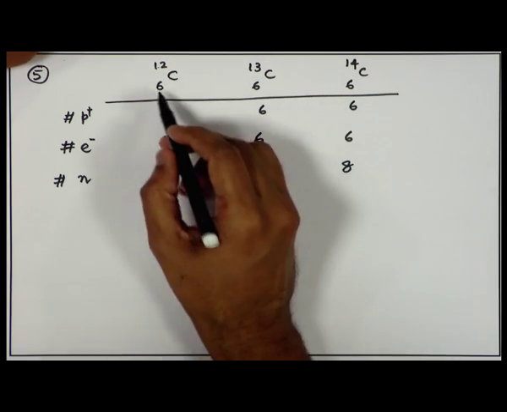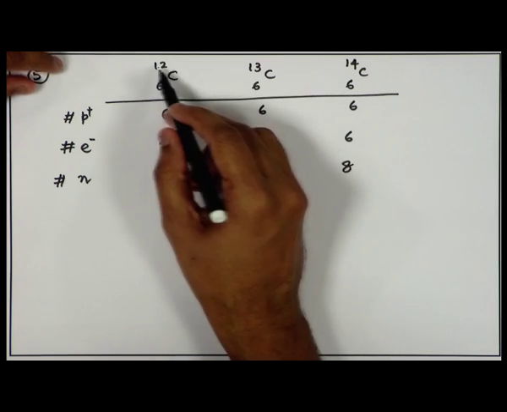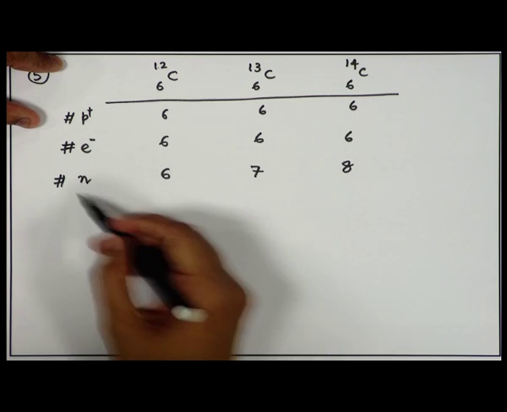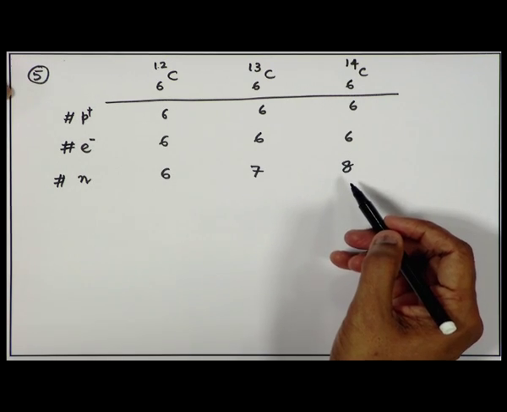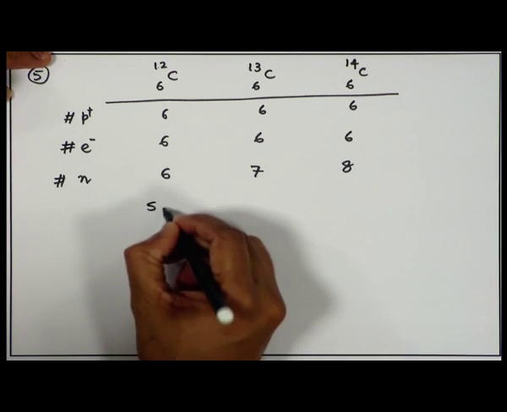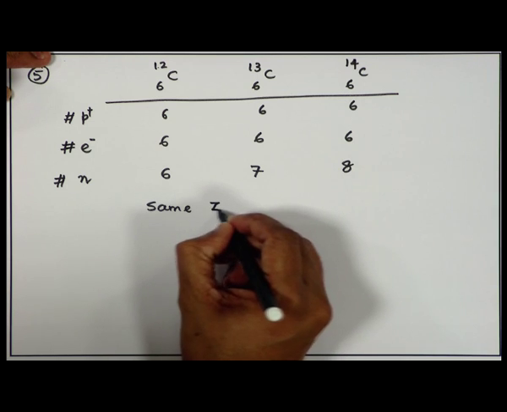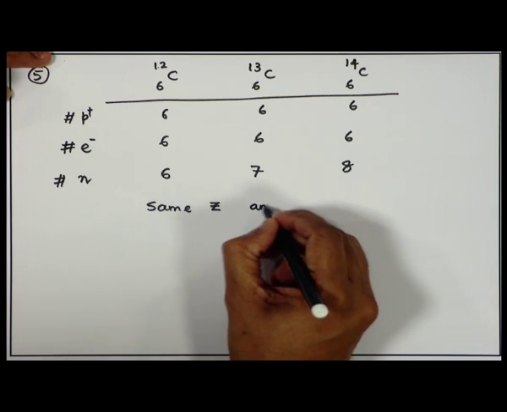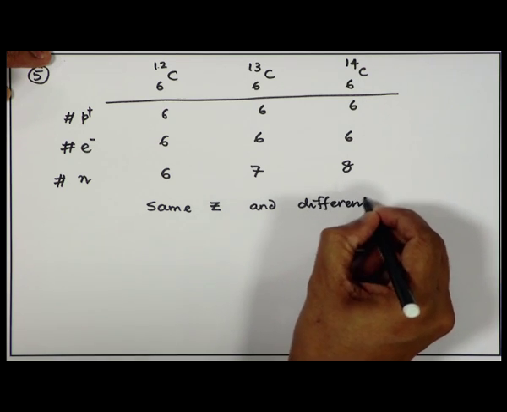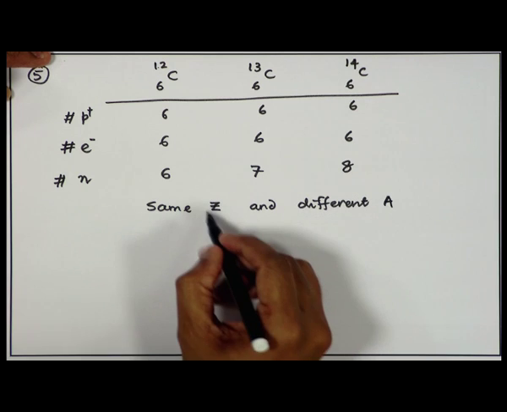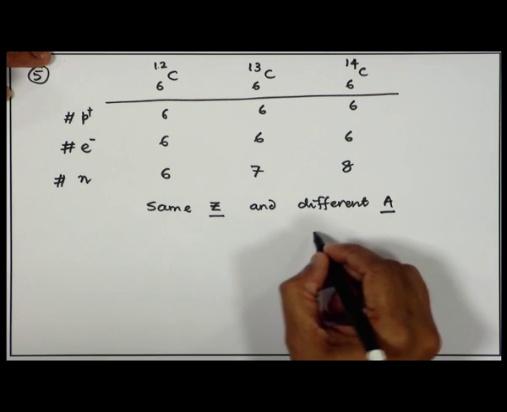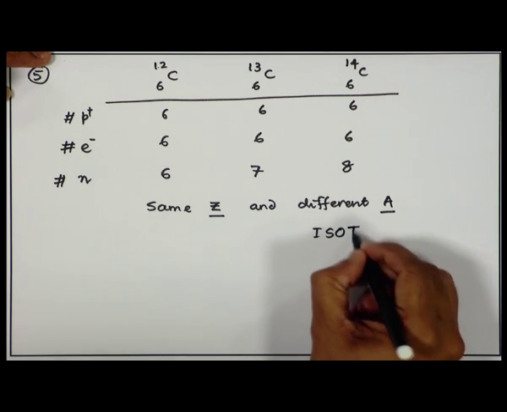They have the same value of Z, they have different values of A, and that is happening because they have different numbers of neutrons. When 2 or more elements have the same Z and different A, that means same atomic number, different mass number, we call them isotopes.